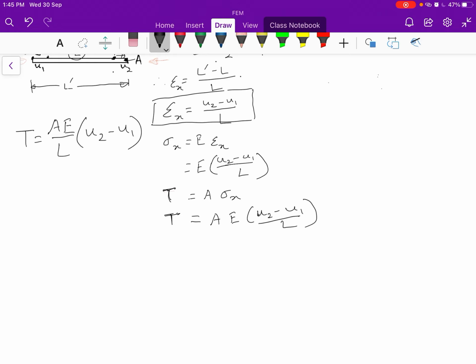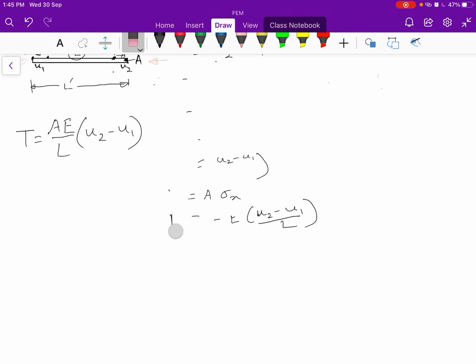This is the relationship that we would actually use for our further calculations. And let me rub all these things because I need this space.